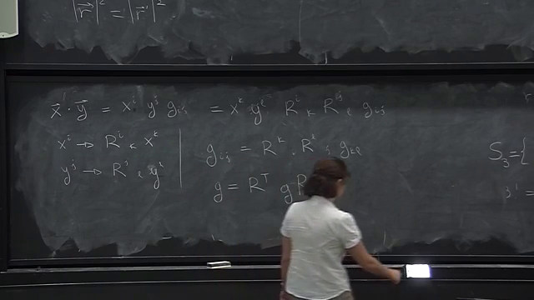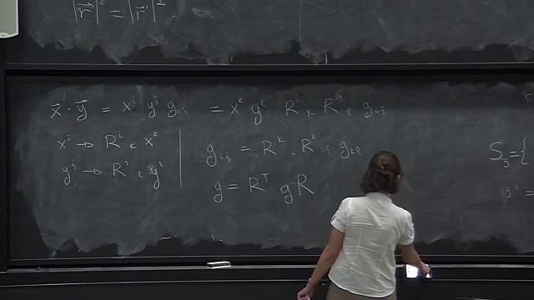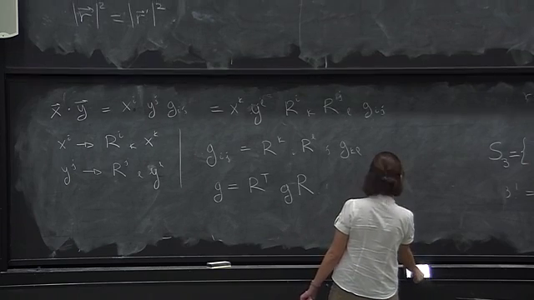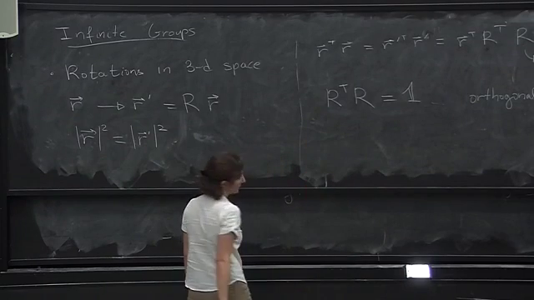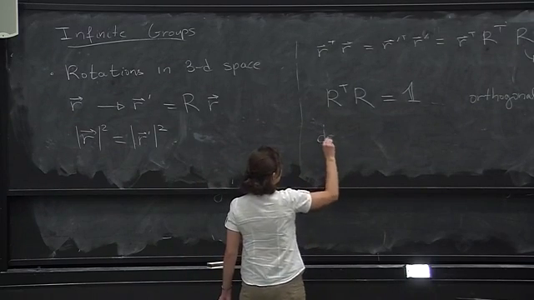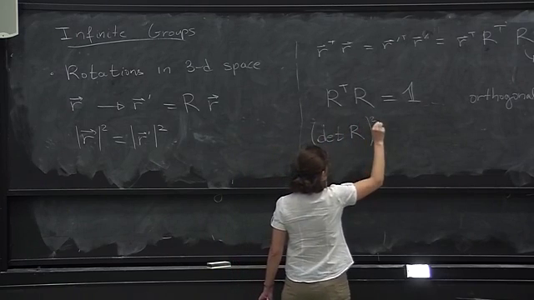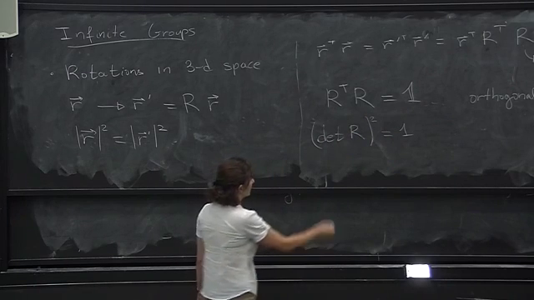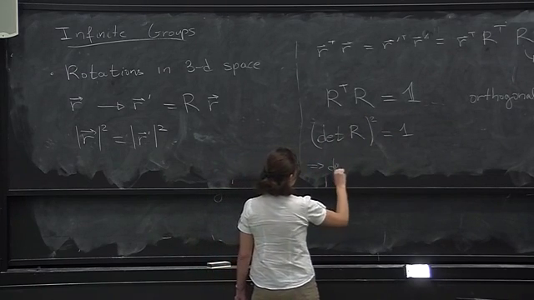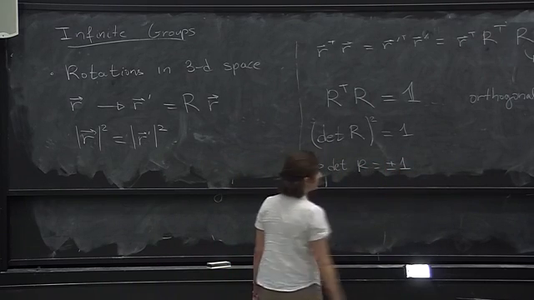Now, from this relation, we see that the determinant of R squared has to be equal to 1, which means that the determinant of R can either be plus or minus 1.